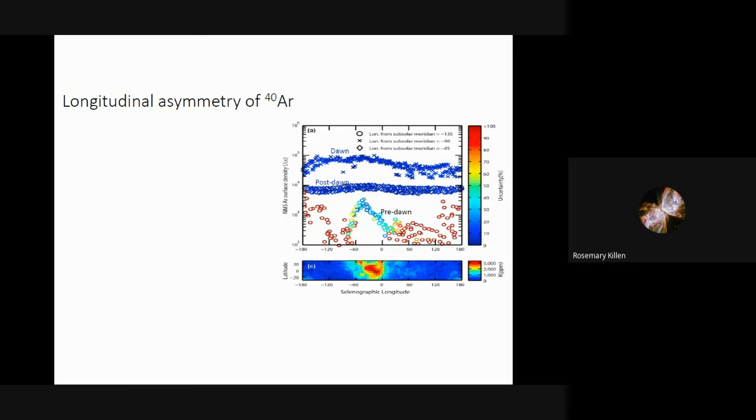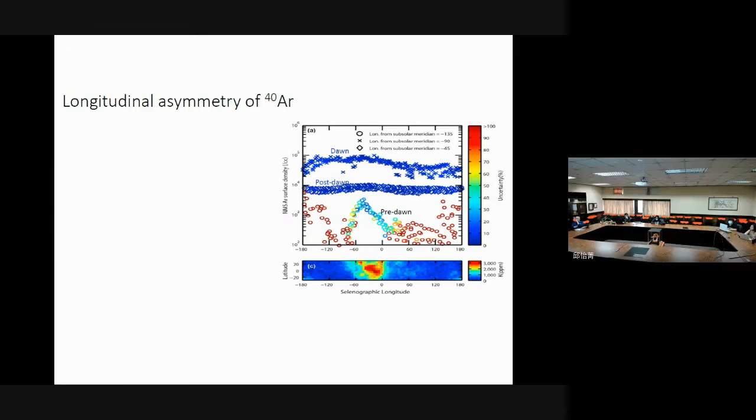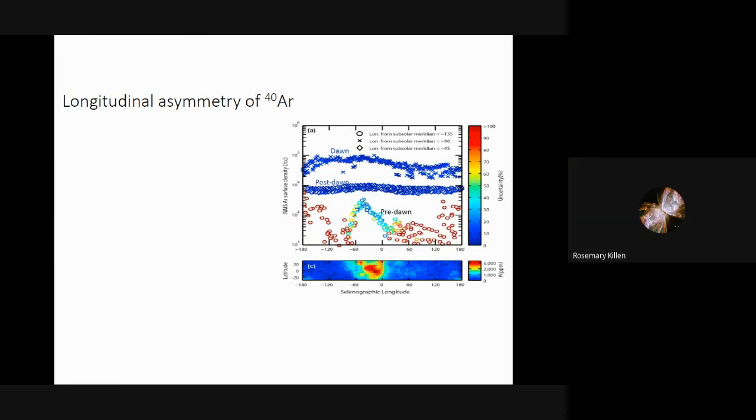But other than that, if you look at the same place, pre-dawn is always more or less the same, and dawn is always enhanced. But then the actual number might be correlated with either whether there was a moonquake or whether you're above this KREEP soil.